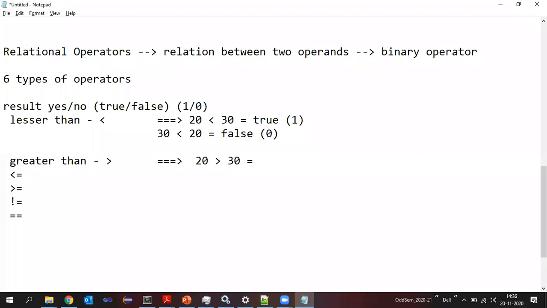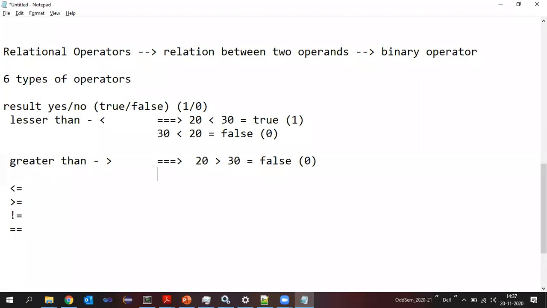Is it true or false? False, because 20 is not greater than 30. So internally, how is it handled? Is it 0 or 1? It is 0.